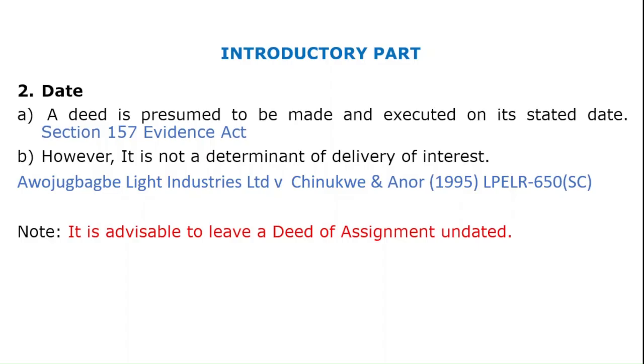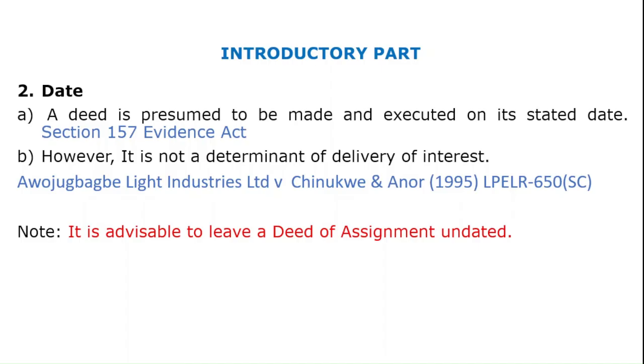And if you watch the Power of Attorney lecture video, I told you that the 30 days of execution usually is calculated from the date on the deed. So if you have said this deed of assignment is made the 1st of January 2026, the law says that within 30 days from that 1st of January, you must stamp it. The law requires that within 60 days from that 1st of January, you must register it.